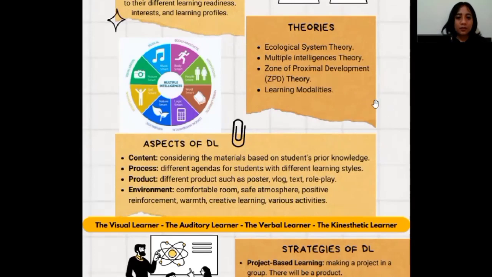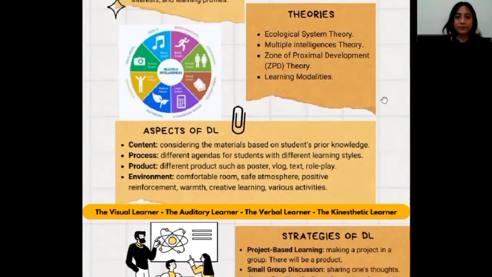And based on this theory, that assistance or help will be reduced little by little, so eventually the student can do the learning process and reach the target or the learning goal alone, by themselves.